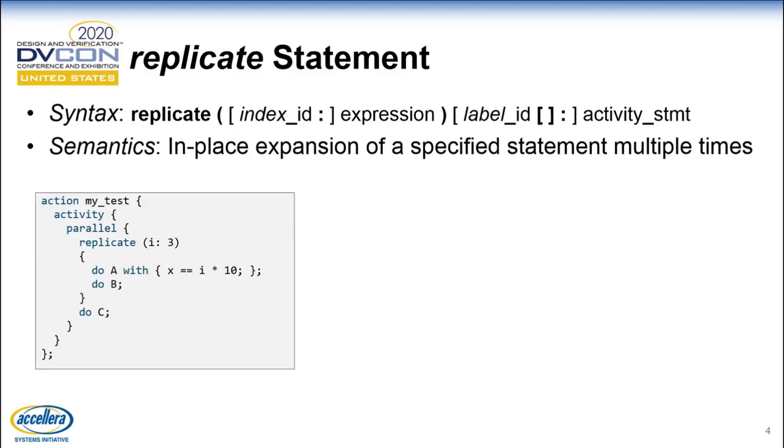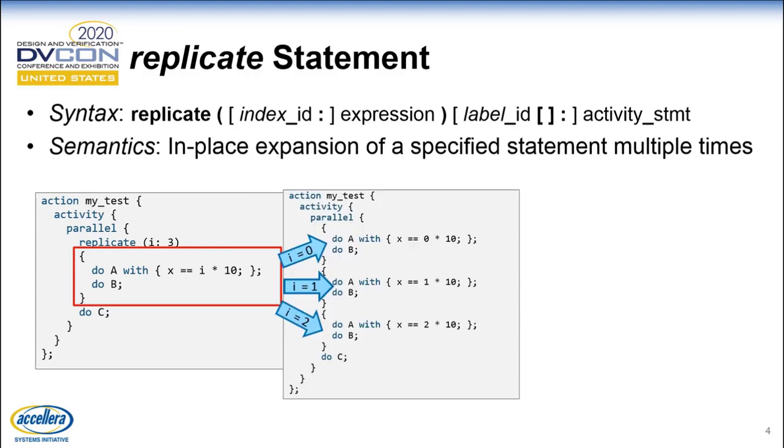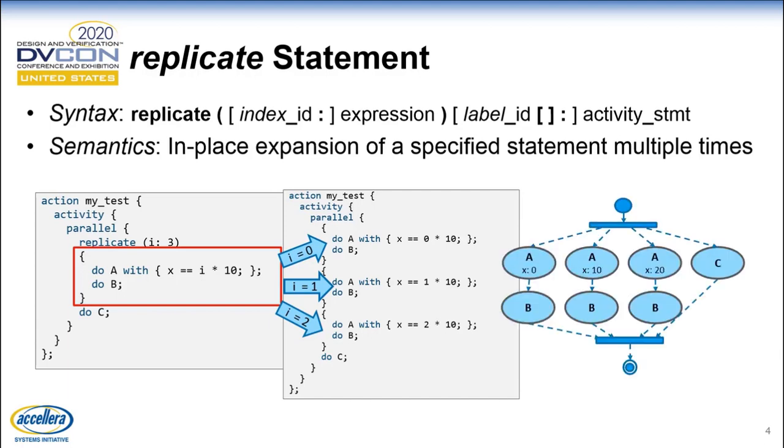So how would you interpret this activity? Easy. Literally take this block and copy paste it 3 times. And for each instance, you plug in the iteration number. So you saw that under this parallel scope, there was this replicate and another statement, right? So after having expanded in place the replicate statement, you actually have 4 parallel branches, right?